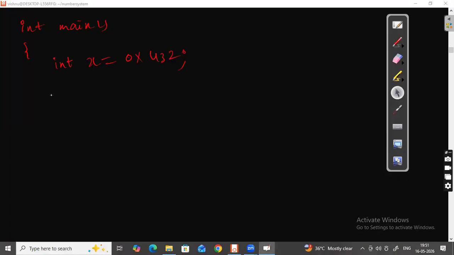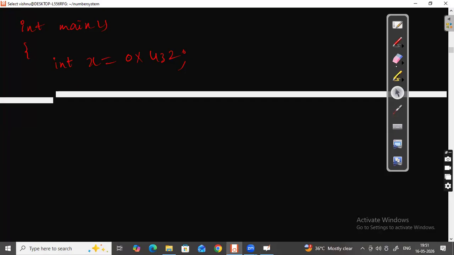After that I'm printing printf("%x", x). What is x? 432, in terms of hexadecimal, 432 only.